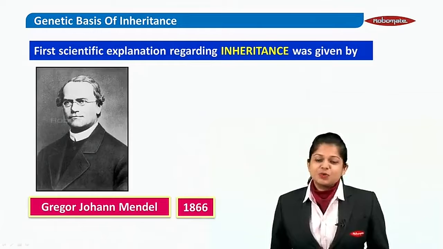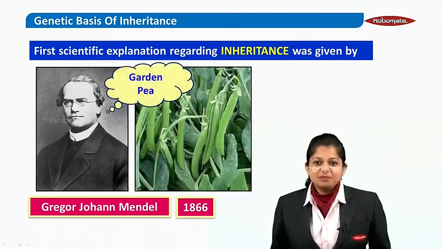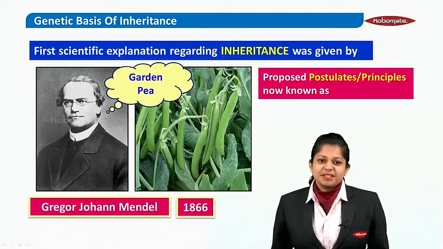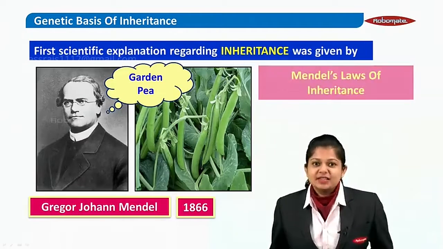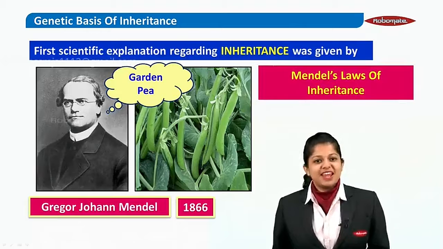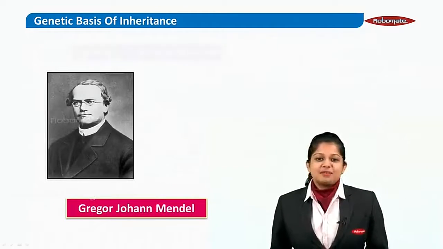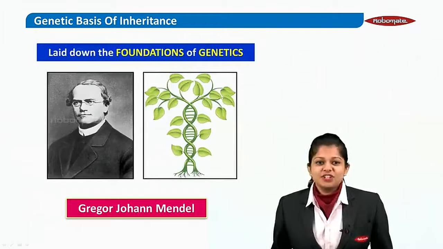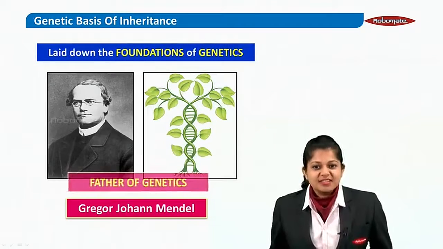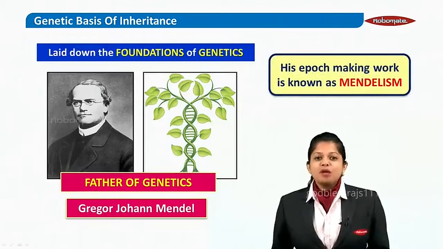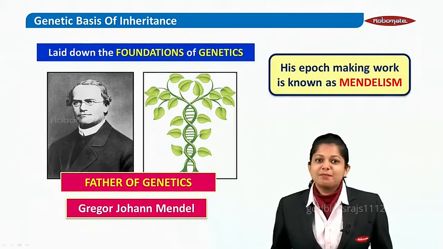He did his experimentation on a garden pea plant and further postulated principles which are now known as Mendel's laws of inheritance. Gregor Johann Mendel laid down the foundation of genetics and thus is known as father of genetics. His epoch-making work is known as Mendelism.